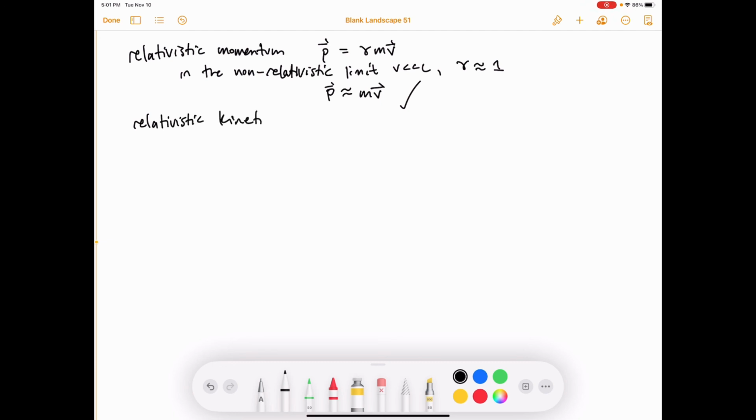For relativistic kinetic energy, here's what we have. The definition is K is equal to gamma minus 1 times mc squared. So we want to be careful here. We don't want to just plug in gamma equals 1 and then end up with 0 for the kinetic energy. Okay, we want to say something a little bit more precise than that.